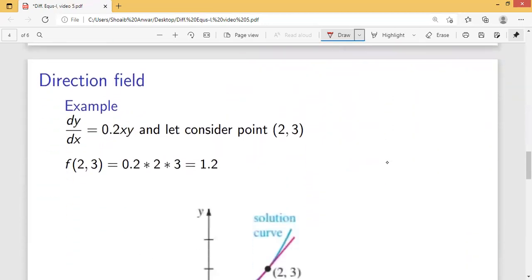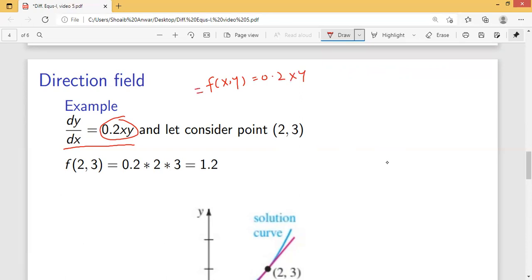Now, for example, if you have a first order differential equation, dy by dx is equal to 0.2xy, and at a point in the grid, if you compare it with the standard form, you can find that the value of f(x,y) is equal to 0.2xy.